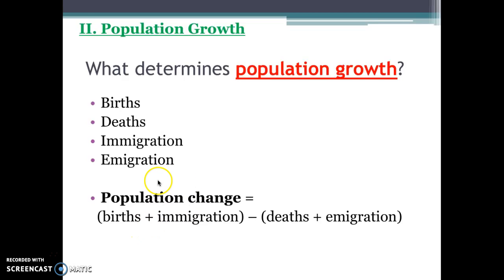The population change in an ecosystem is the births plus the immigration, the things being born into and moving into the ecosystem, minus the deaths and the emigration, how many are dying out of and moving out of the ecosystem. That is your population change. So that's pretty straightforward.